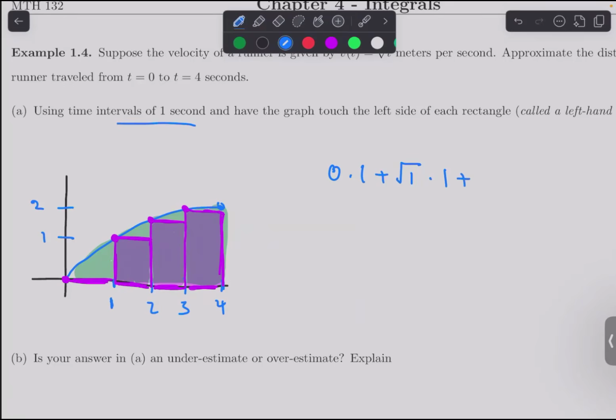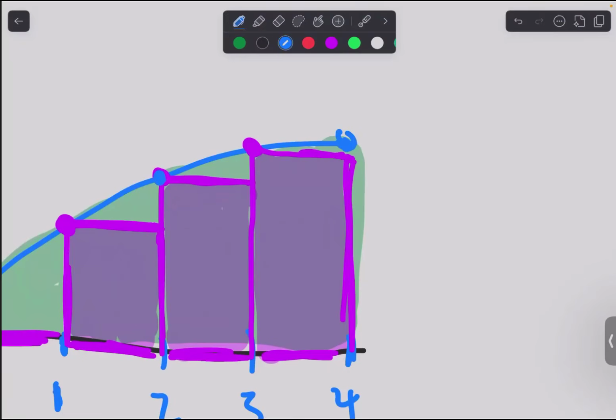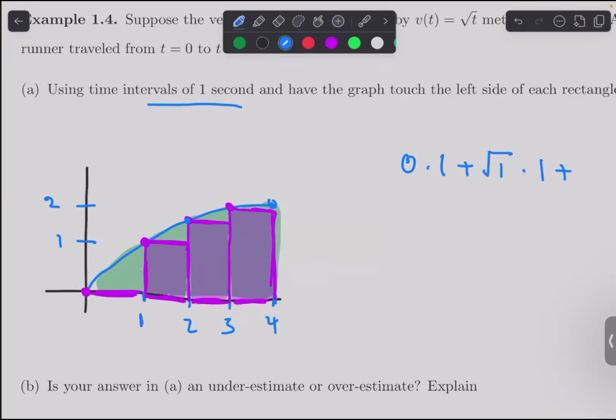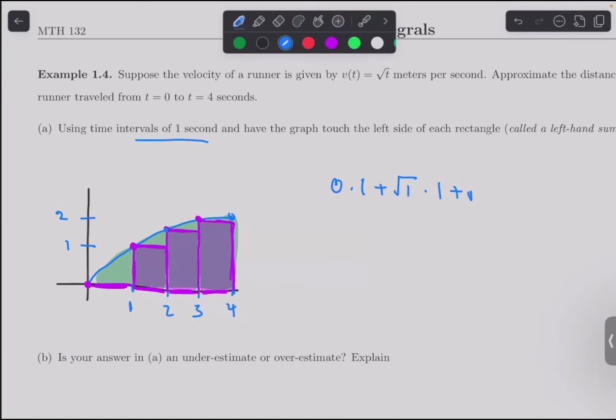My third rectangle touches over here at 2, and this is the square root function, so its height is given by the square root of 2, and the width is 1. And then finally, my fourth rectangle has a height of the square root of 3, because again, it touches on the left-hand side, and a width of 1.